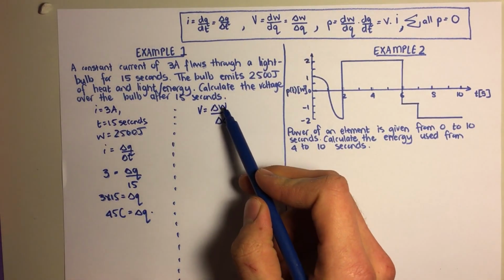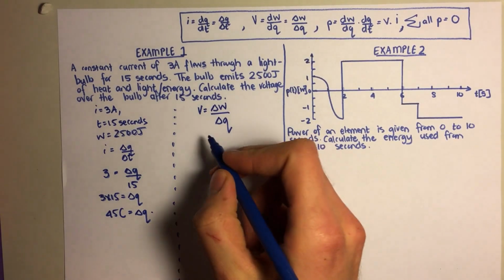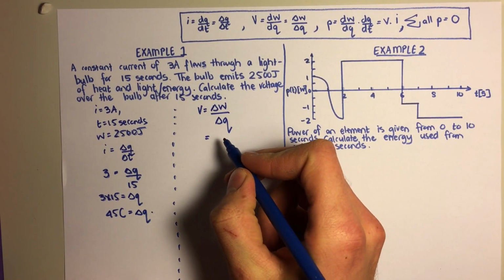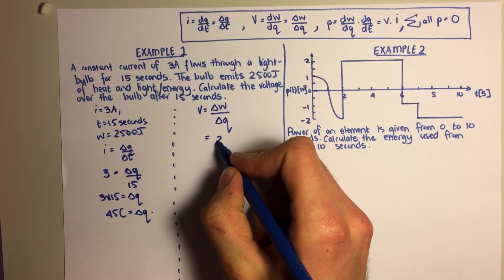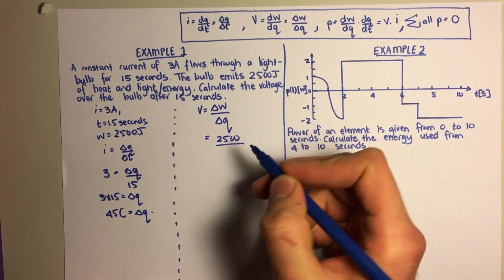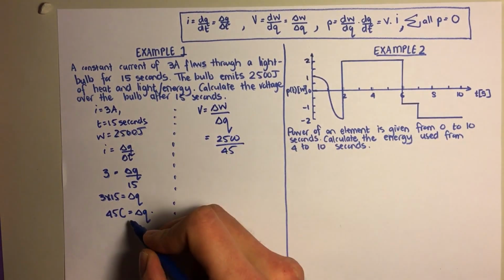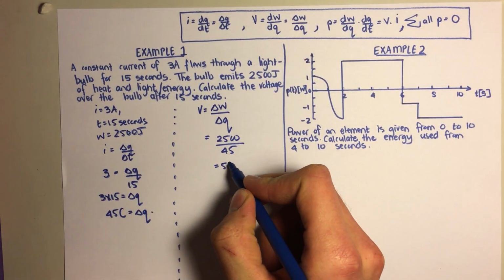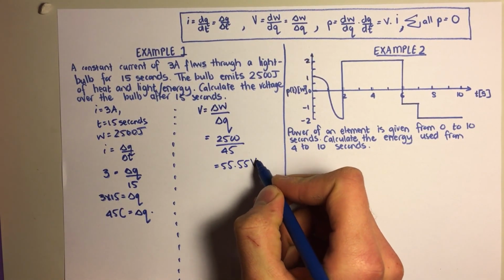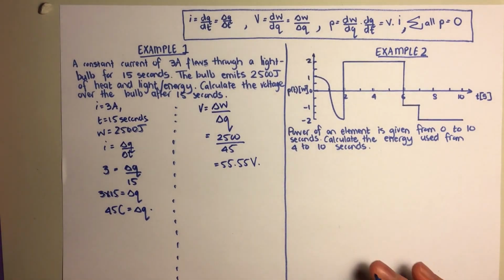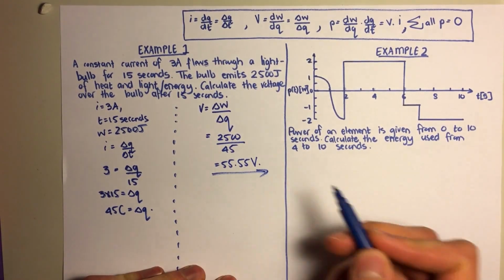Okay, so now we have W and we also have Q, so we can work out the voltage. W is 2,500 over 45, which gives us 55.55 volts. Okay, and that's the first example.